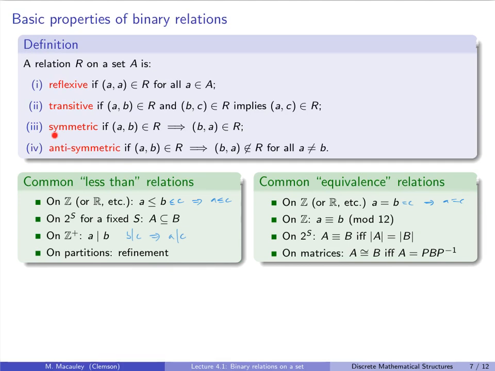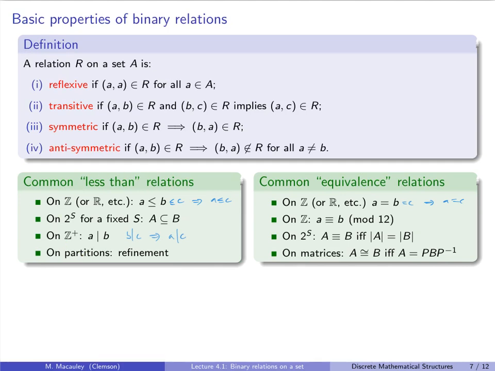Okay, what about symmetry? Clearly, none of these things are symmetric. If A is less than or equal to B, well, the opposite generally does not hold, but the equivalence relations are symmetric. And that's easy to see: if A is equivalent to B mod 12, then B is equivalent to A mod 12, and similarly with similarity. Finally, antisymmetry. These are not antisymmetric, but the less than or equal to ones are.